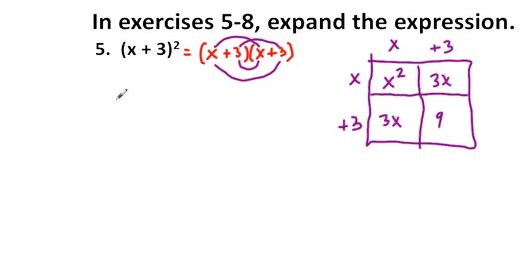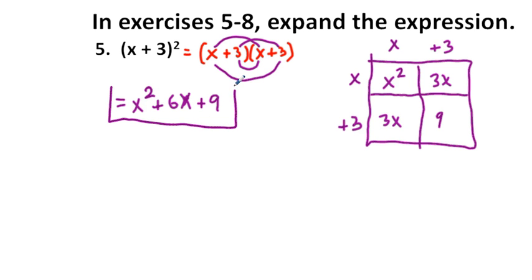So if you combine the like terms, expand it out, this is going to be x squared, 3x plus 3x is 6x, and then finally plus 9. So that's going to be our answer, number 5.